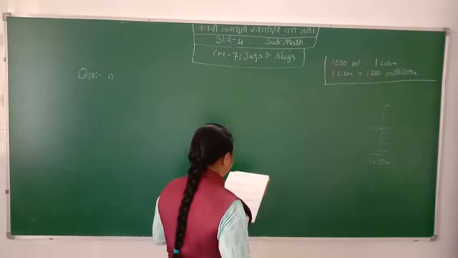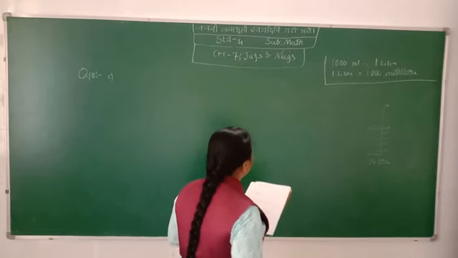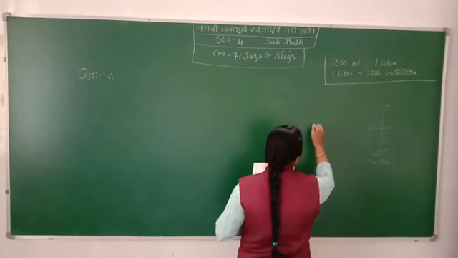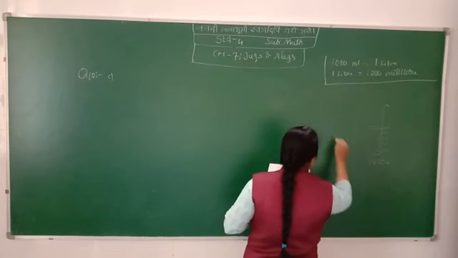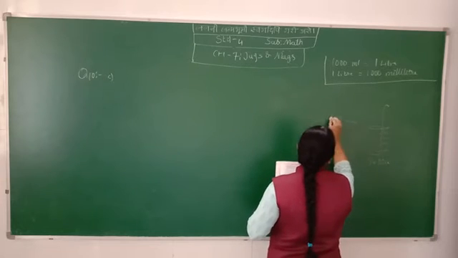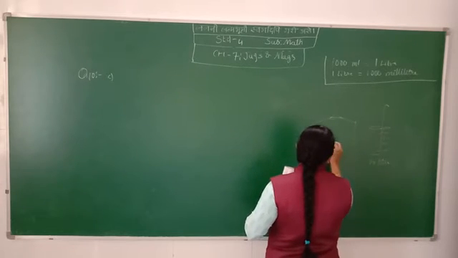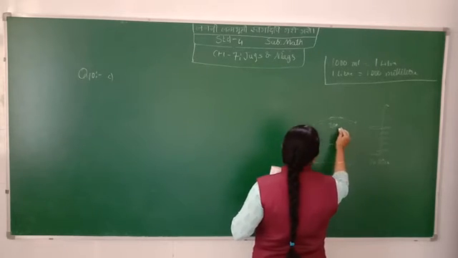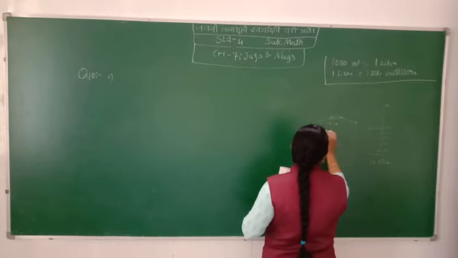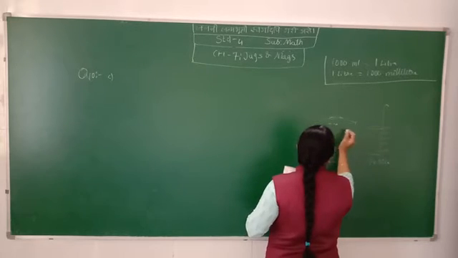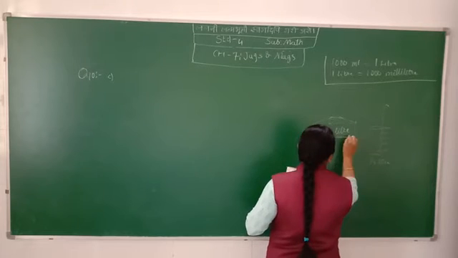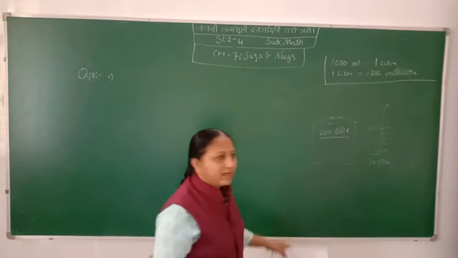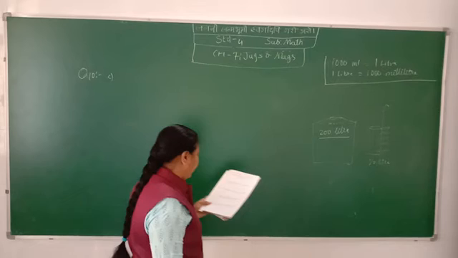We can say this is the tank which is having the capacity of 200 liters. This is 100 and this is 200 liters.